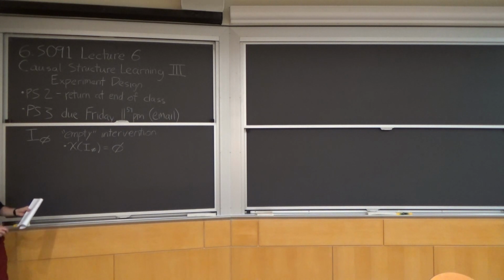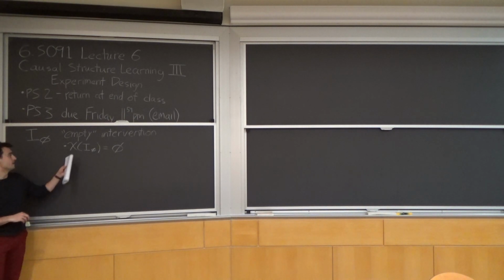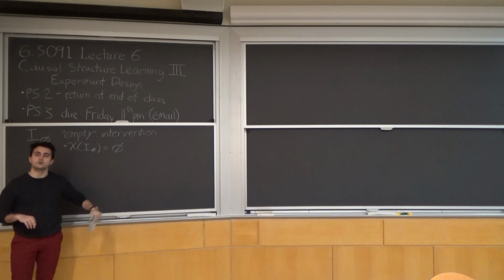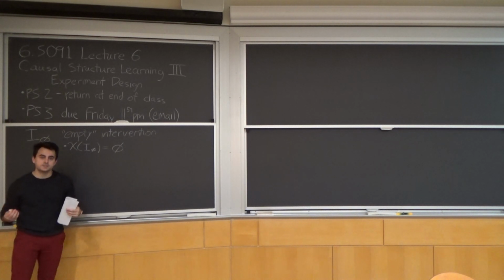So last time, we established in lecture 4 that if we only have observational data, then all we can get is Markov equivalence.